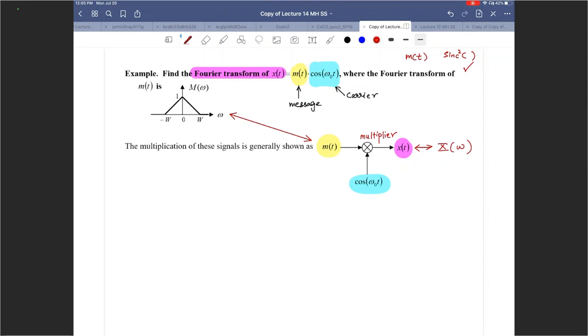So what is the Fourier transform of cosine omega naught t? Let us write this over here. So I have cosine omega naught t. The Fourier transform of that I know from earlier discussion to be pi times delta of omega minus omega naught plus delta of omega plus omega naught.